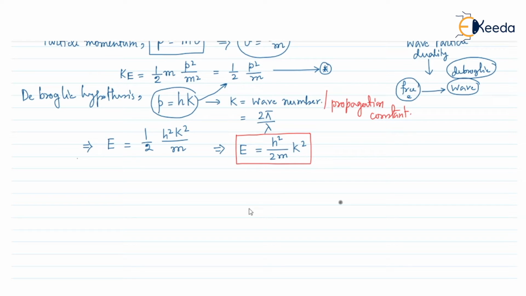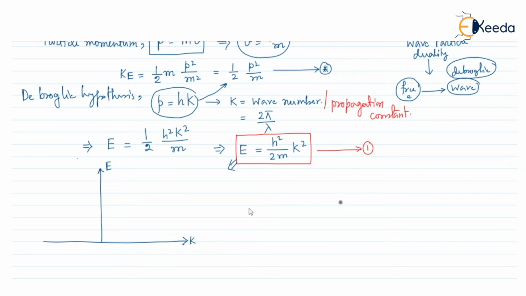Now, if we want to plot a graph between the kinetic energy E and the wave number k from this equation number 1, the curve will be a parabolic plot.